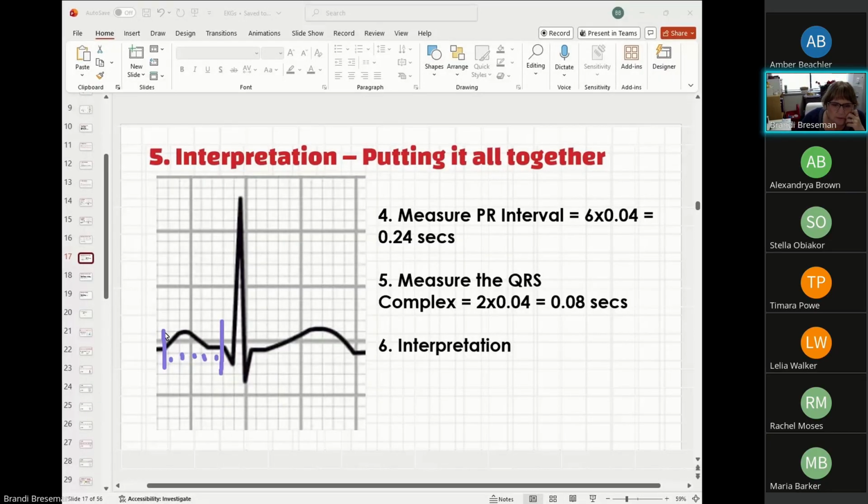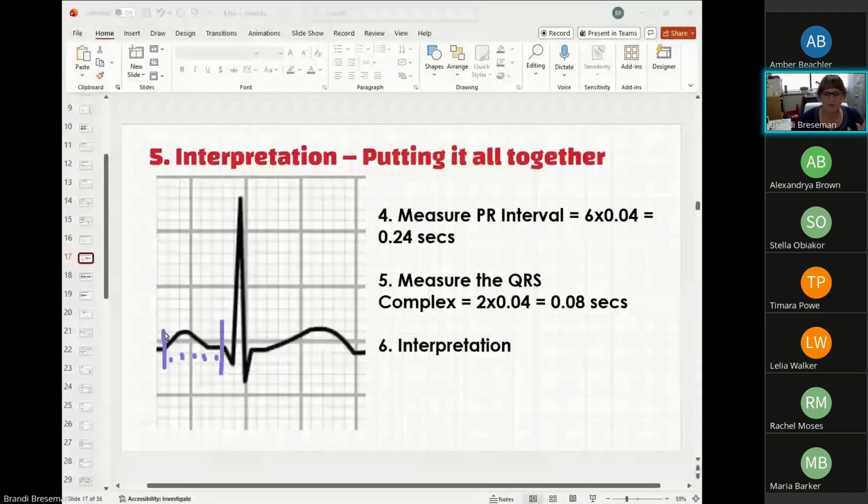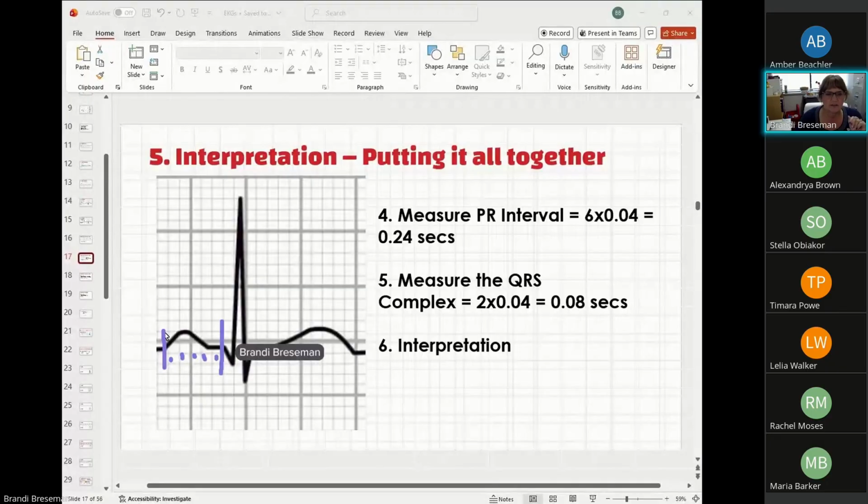I don't know that I agree with that. I would probably count that as 5, which would make the PR interval 0.2 seconds. But we're going to go with theirs. They must have brought it out a little further at each end. And so if we bring it out a little further at each end, then 1, 2, 3, 4. I still come up with 5, but whatever. They come up with 6. Okay.